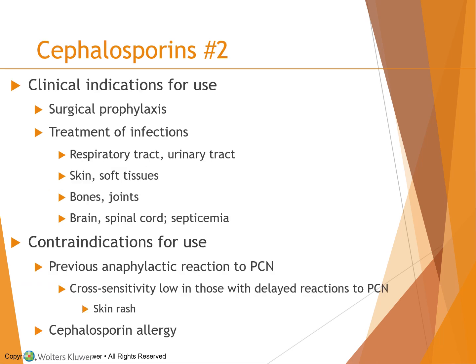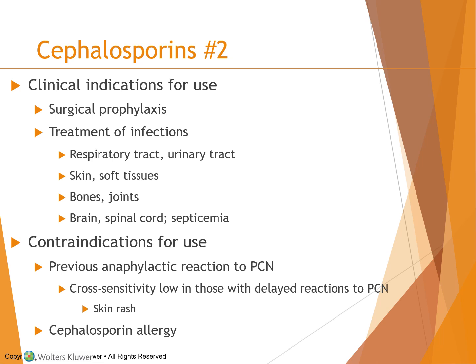Okay, so why do we use them? What are the indications to use? They can be used as surgical prophylaxis. If we go back to our book, our patient in the book, our case, is going to have surgery and he's being prescribed an antibiotic. He's being prescribed, I think, cefazolin, and that's before the procedure.